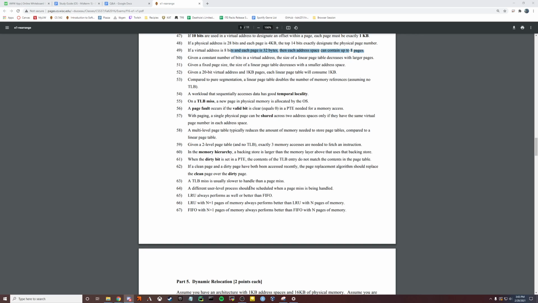How many bits are required for 32 bytes? 5 bits for 32 bytes, because what, right? There's 8 bits in a byte, right? Yeah.